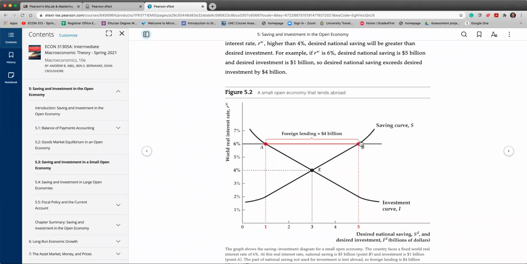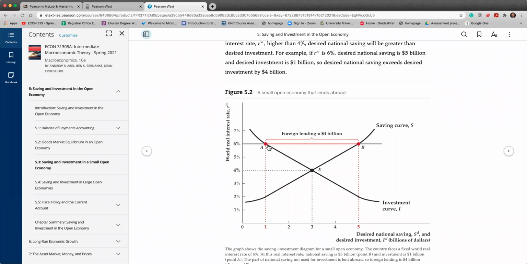The U.S. is a large country, so this model really won't apply to the U.S. But it would apply to, say, a less developed country that has more saving than productive uses for it in terms of capital in that country, and so they can be a net lender. Saving is greater than desired investment.